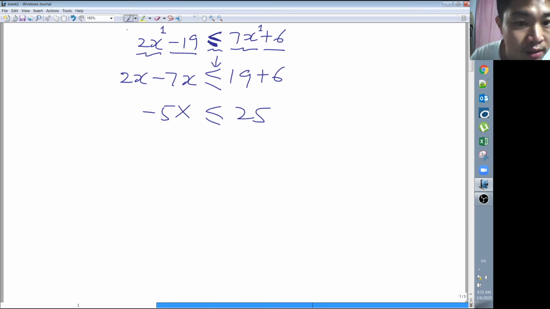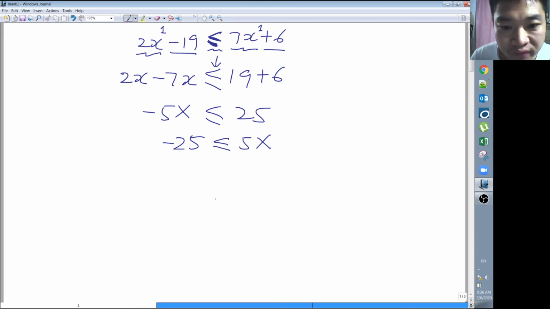Instead, what I'm going to do is switch place once again. So 25, I bring it to the left, becomes -25. Please note this sign has not changed at all. And then -5x, I move it to the right, so it becomes positive 5x.